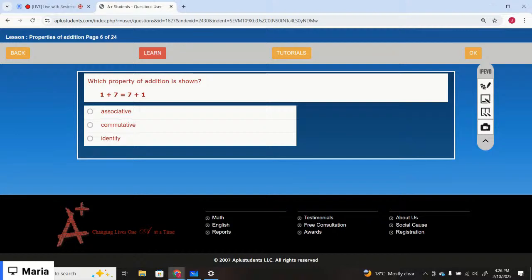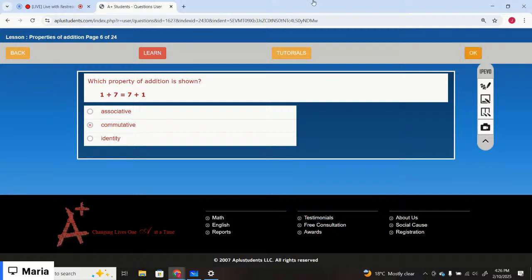Which property of addition is shown? The correct option is commutative property.